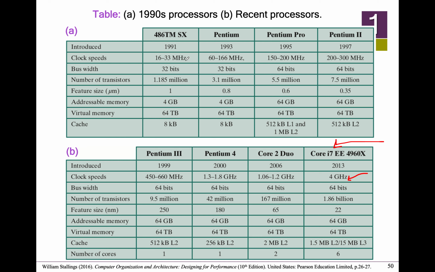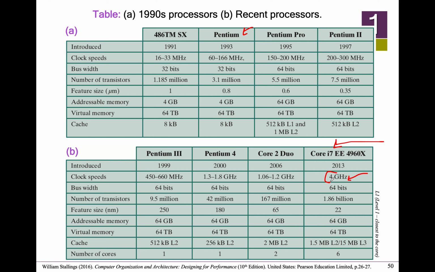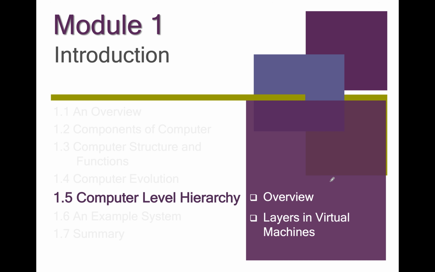Compared to the older ones, my computer or laptop while I was a student was only a Pentium, I forgot which one, but it was megahertz only compared to the 4 gigahertz nowadays. So that is about computer evolution.